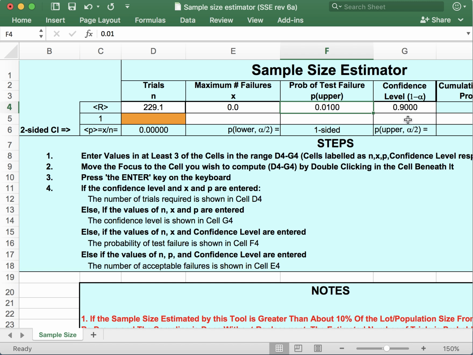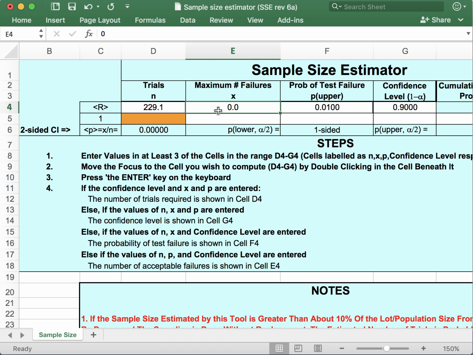So what we might say is, given a confidence level of 0.9 and trying to prove a probability of failure of 0.01 or less, or a reliability of 0.99 or higher, assuming we have 0 test failures, how many samples do we need? Okay, and this is already done, right? So that's the value here. You would round up in these cases, so essentially you need 230 test samples. 229 or 230, I guess you could also round down.